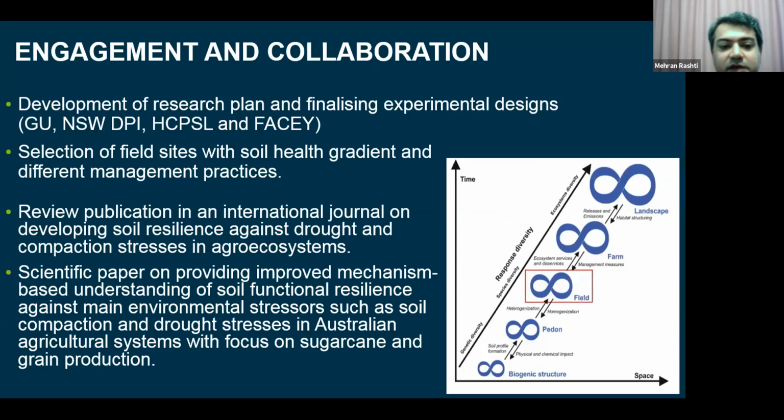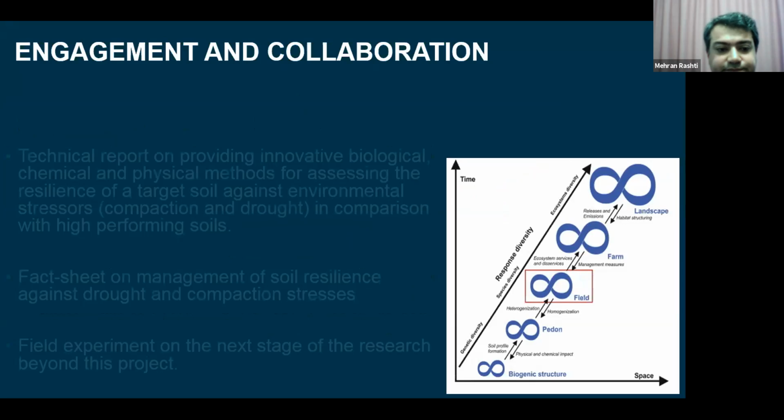What we have done is we put a team together and designed different projects and selected different soil sites from Western Australia and North Queensland that had problems with drought and compaction, and we provided some guidelines, scientific papers and review papers regarding the effect of these stresses.